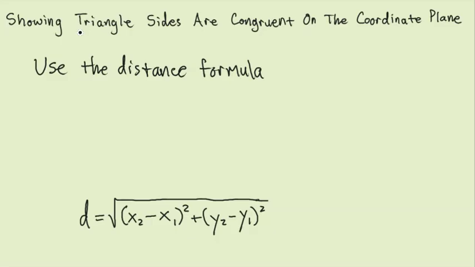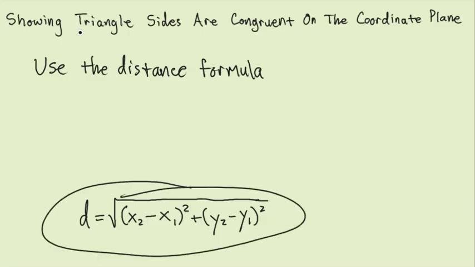Okay, so this x1, y1 is one of the endpoints of one of the sides, and then x2, y2 is the other endpoint of the same side. This will give you the distance of one side of one of the triangles.